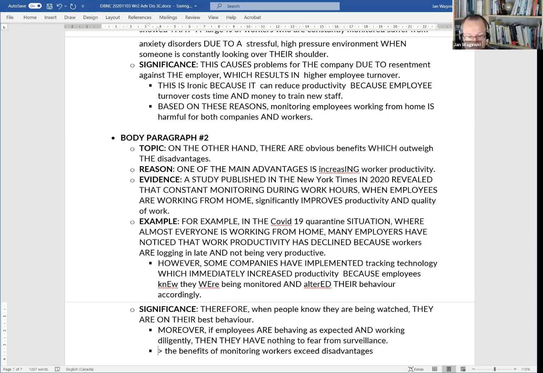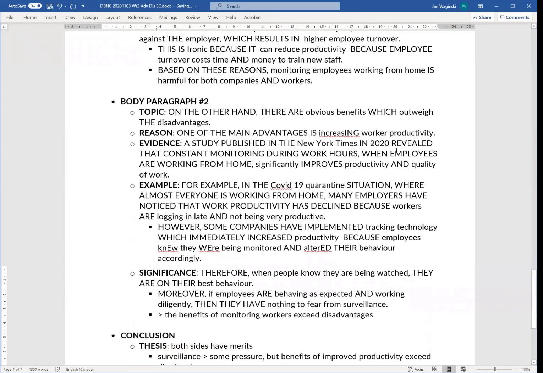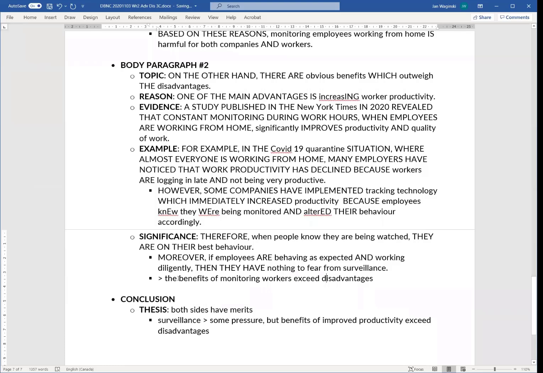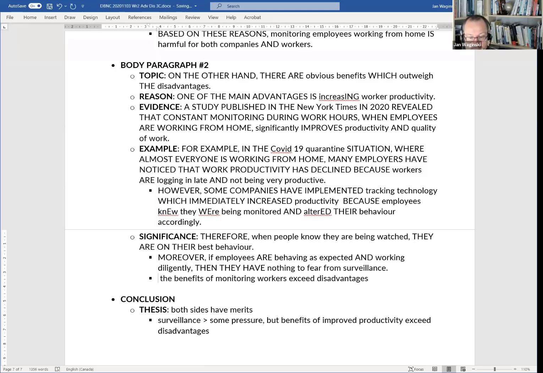Good. Okay, final line. So I cannot see the final line. In my point of view, the benefit of monitoring workers is to disadvantages. We can say thus, or we can say for these reasons.